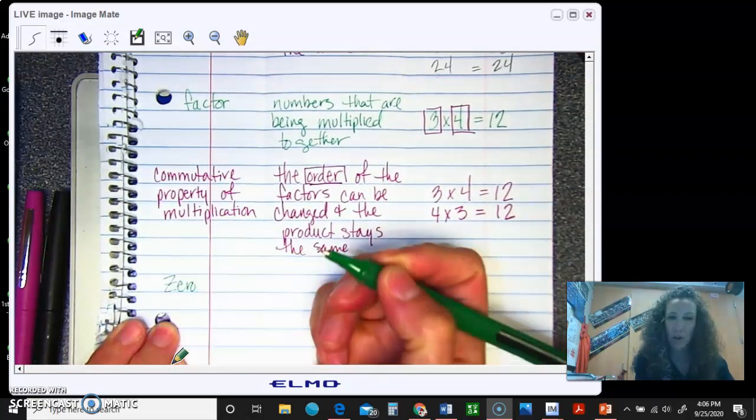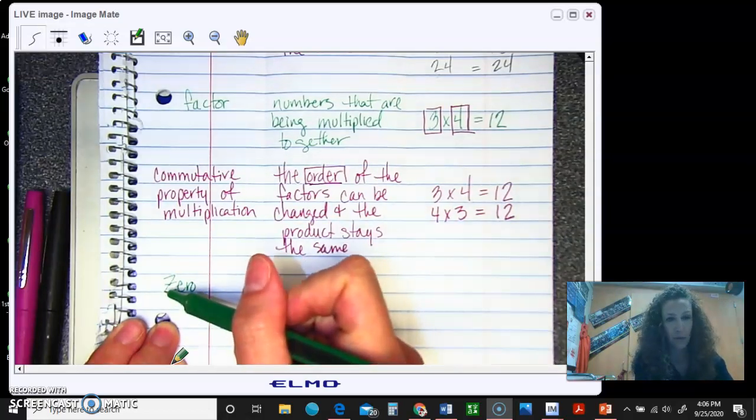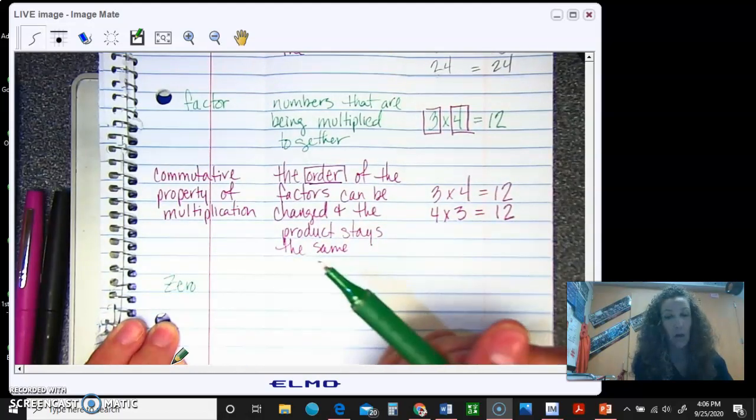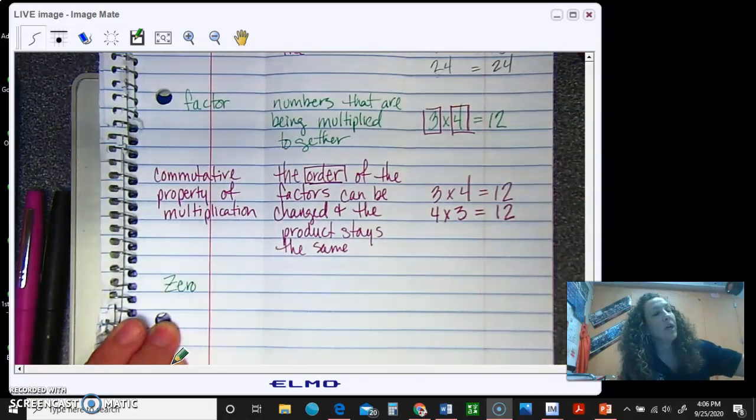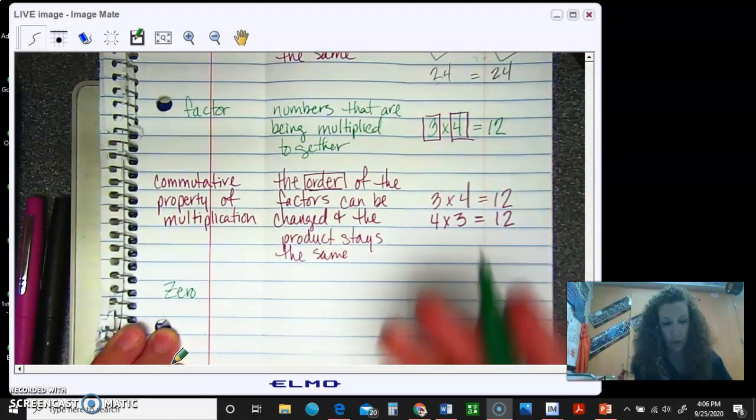Zero. I always cross my Z's. It's not a proper way to do it, but sometimes my 2's look like Z's. So to make sure you can tell the difference, although why would I have a 2 in front of an ERO? I don't know. But I like to cross it just to make sure that you know that it's a Z, okay?